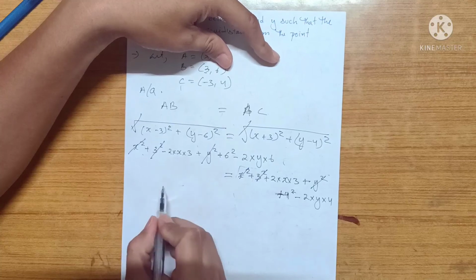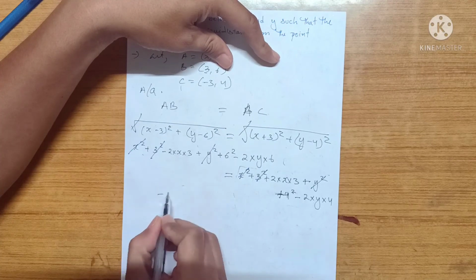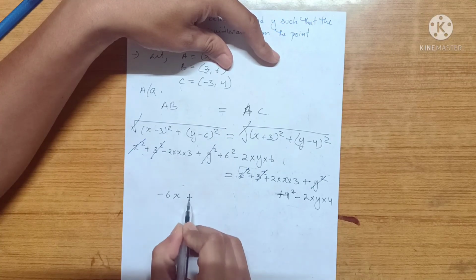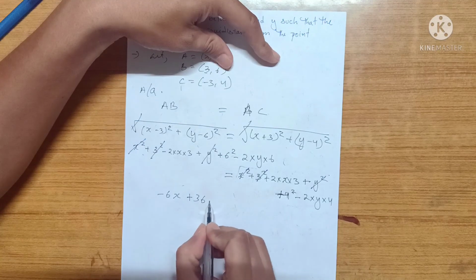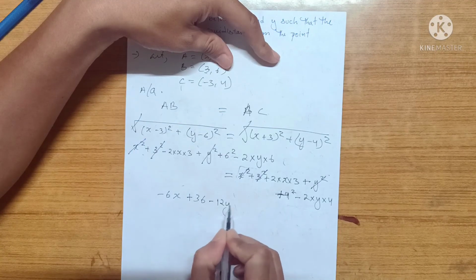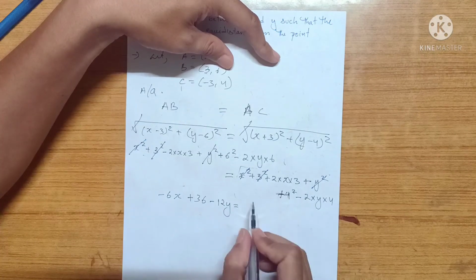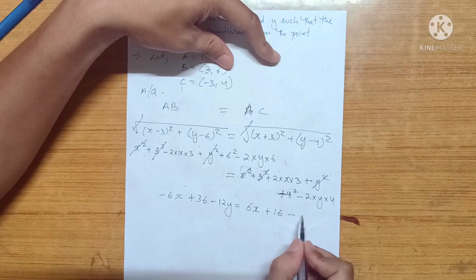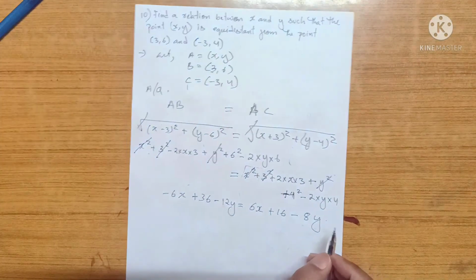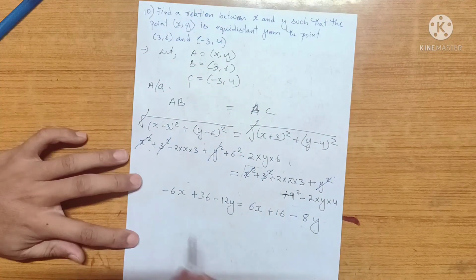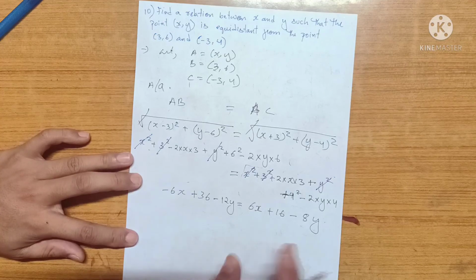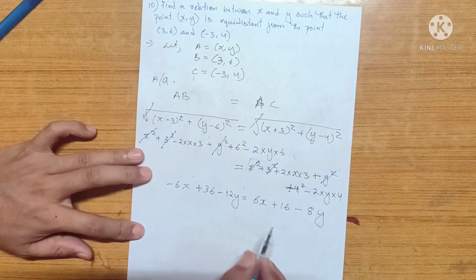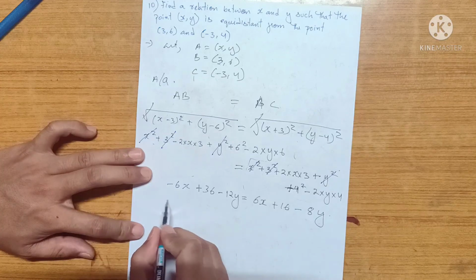So let's multiply and write down. So this is minus 6x plus 36 minus 12y equal to, here we're getting 6x plus 16 minus 8y. So let's bring everything this side, okay, and then let's keep the constant that side.